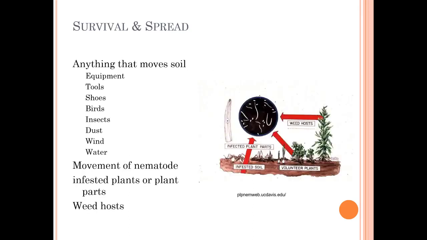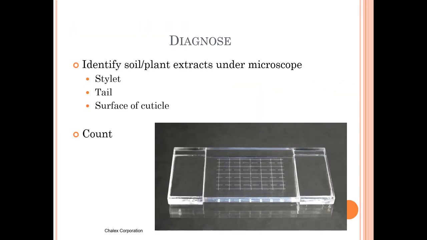So survival and spread: anything that moves soil, equipment, tools, shoes, birds, insects, dust, wind, water, movement of nematode infested plants or plant parts, and then of course weed hosts and volunteer plants that may have had it last year. So you need to send it into a lab to have it diagnosed, and they're able to tell what it is by the type of stylet, the tail, the surface of the cuticle, and then they do a count of how many are in there.